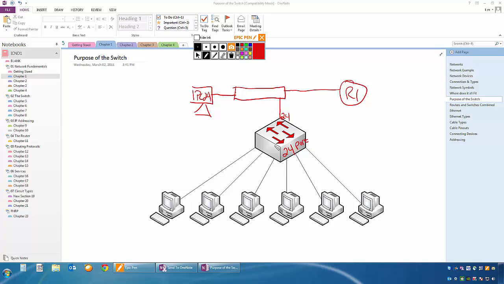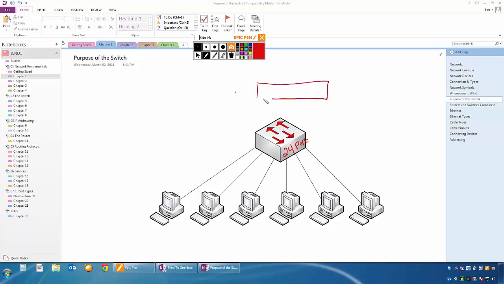And that's the nice thing about it, because we can add switches and connect them together, and we can turn our 24-port capability into 48 ports. Isn't that nice? Anytime we want more PCs, we just add another switch, switch 2, and connect it to switch 1. And now you have how many connections?